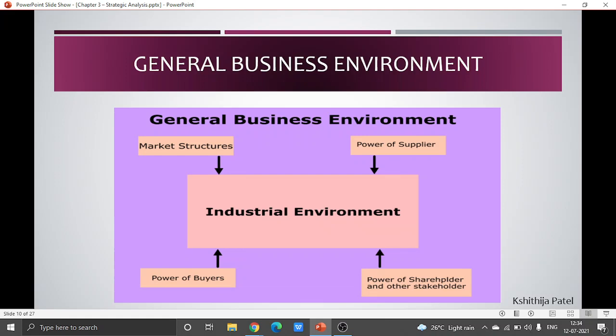If it is high, where switching cost here refers to the cost associated with changing the supplier, then it also increases the power of the supplier. If the supplier enjoys high power, then they can raise the price of the materials or reduce the quality of materials. Conversely, if suppliers do not have high power, then their ability to raise price or reduce quality is significantly reduced, and thereby it makes the industry more attractive.